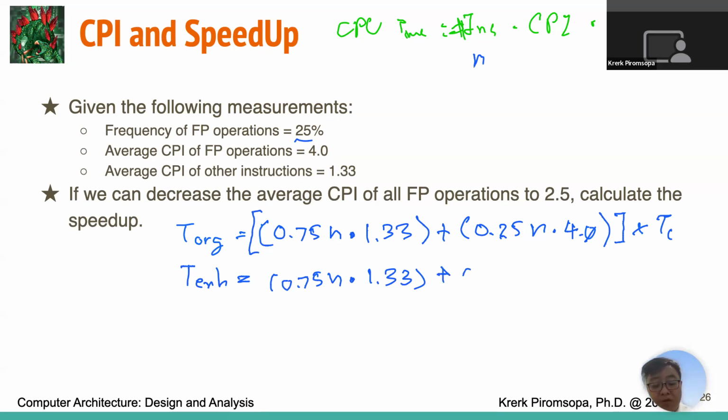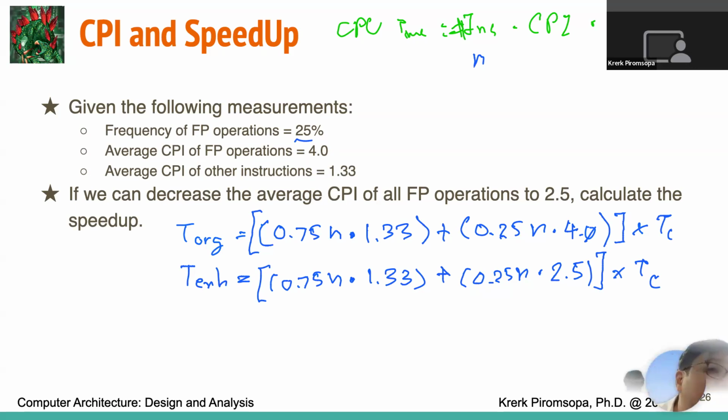But for the floating point, which accounts for 25%, we changed that from 4.0 to 2.5. And that would be the number of cycles, changed to get this. Okay?